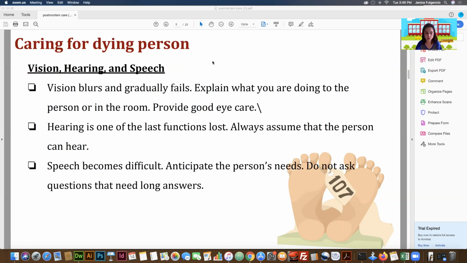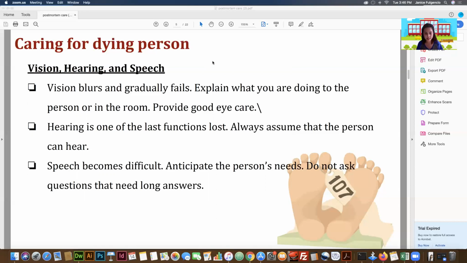Regarding vision, hearing, and speech: usually vision blurs and gradually fails. Explain what you are doing to the person or in the room, and provide good eye care. Hearing is one of the last functions lost; it is considered the last sensory function to go. So always assume that the person can hear.